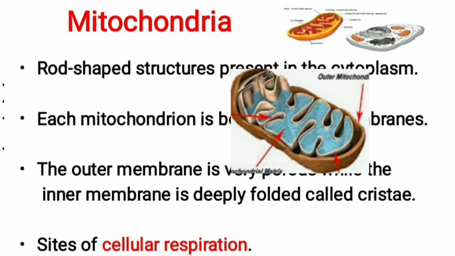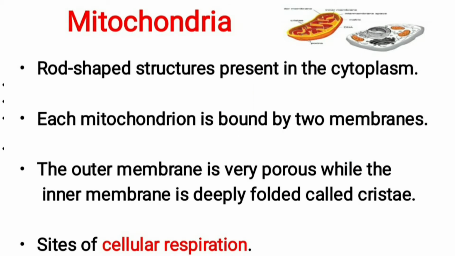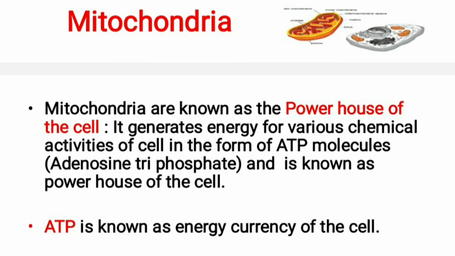And the mitochondria are the sites of cellular respiration. So I have already told you that respiration takes place in the cell, in the cytoplasm and mitochondria. Mitochondria are known as the powerhouse of the cell because they generate energy for various chemical activities of the cell in the form of ATP.